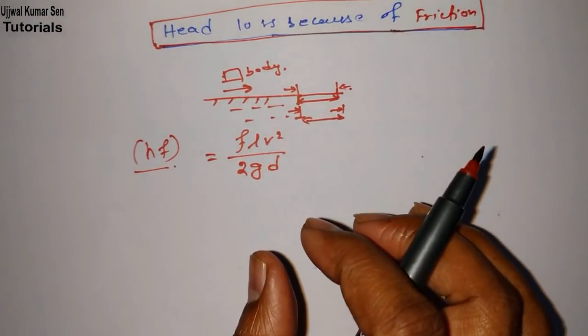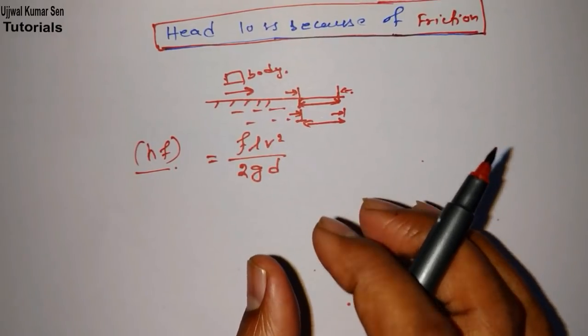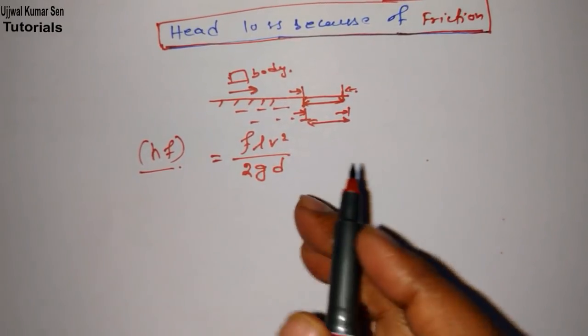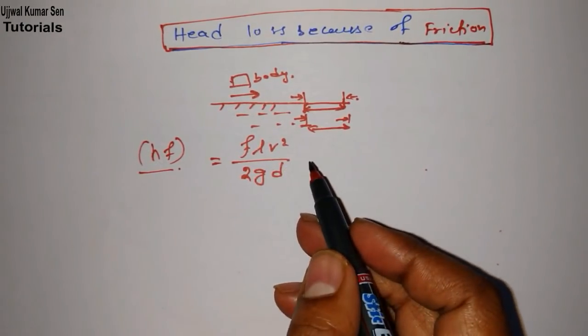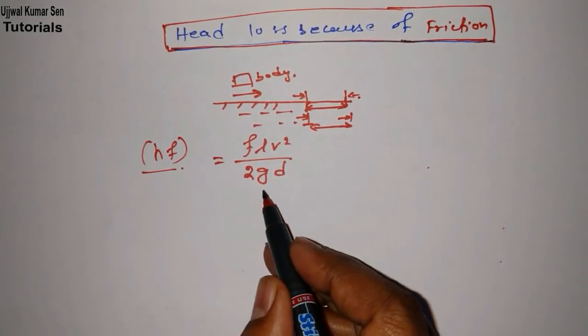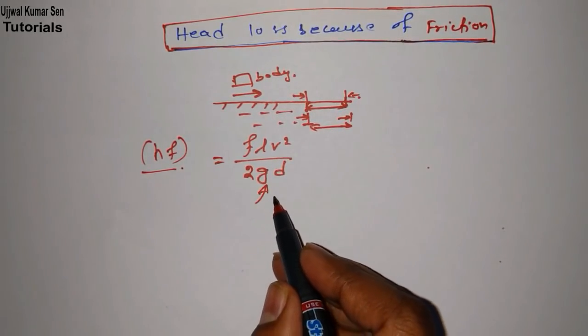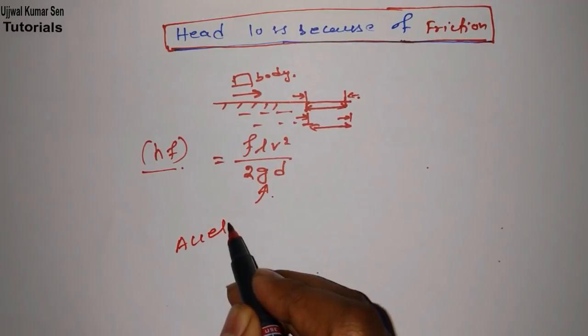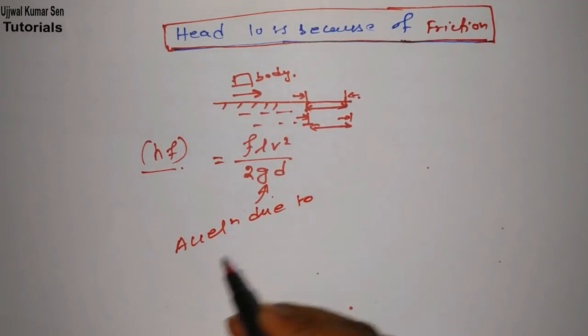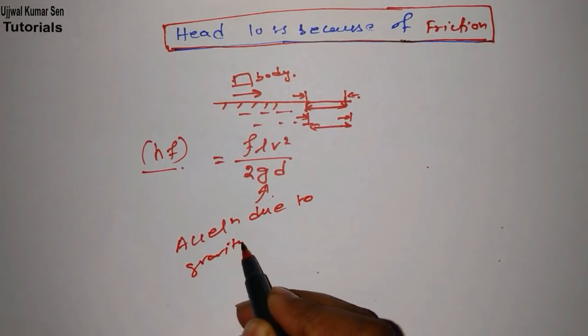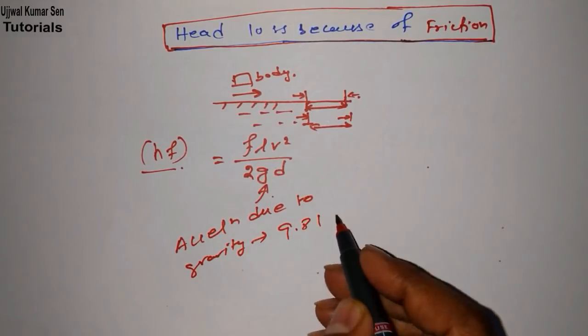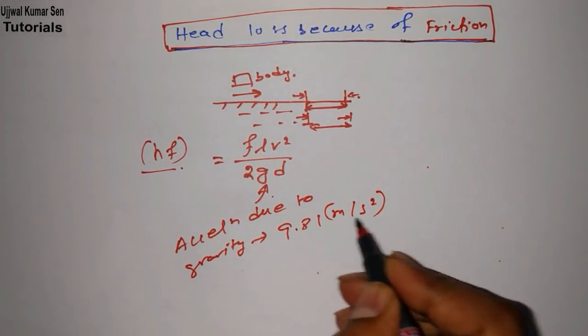Now here you will understand all things. First of all, we need to understand what things we are using here. What is f, what is L, what is V, what is g. This one you know: it is acceleration due to gravity. In SI it's 9.81 meter per second square.